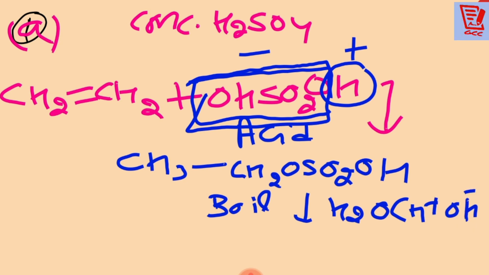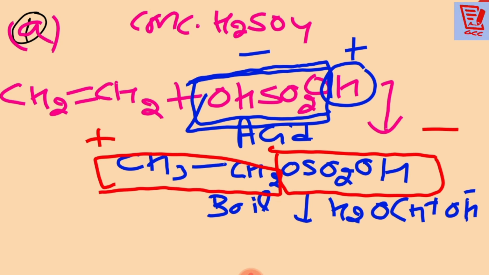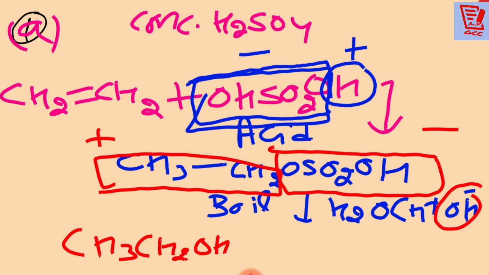You see please all of you, CH3 CH2, let it be, this is the positive, and SO2 OH, let it be, this is the negative. Then this OH negative will go along with the CH3 CH2, and alcohol will be formed, plus H2SO4. The catalyst will remain as it is.